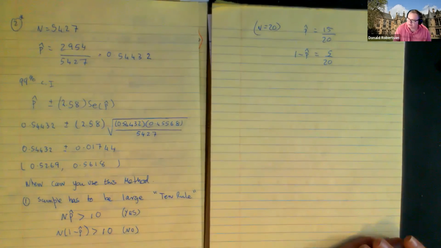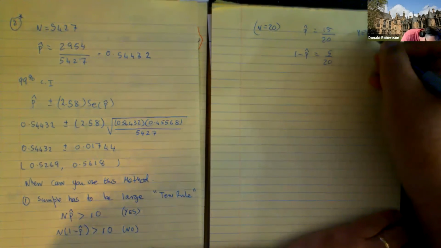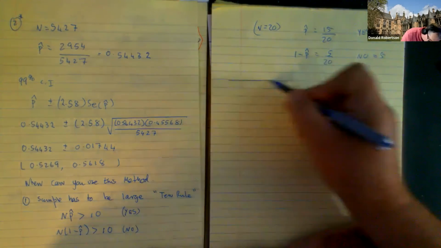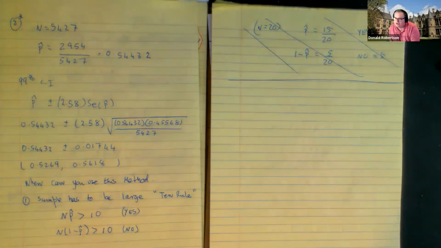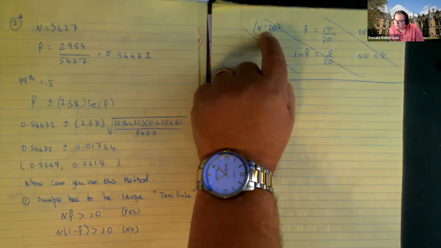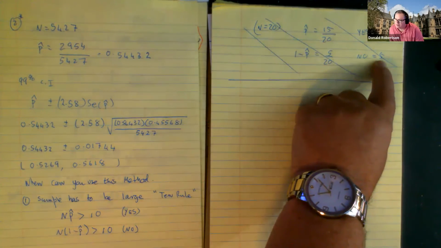Agreed? Now, in this question, 15 said yes, but only 5 people said no. You shouldn't use that sample then. It's considered too small. Not because that number is 20, right? That wasn't the problem. Wasn't it because this number was 5?